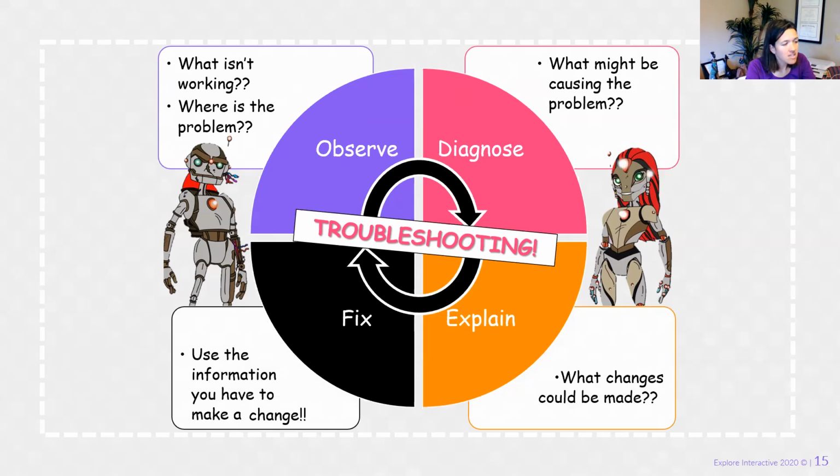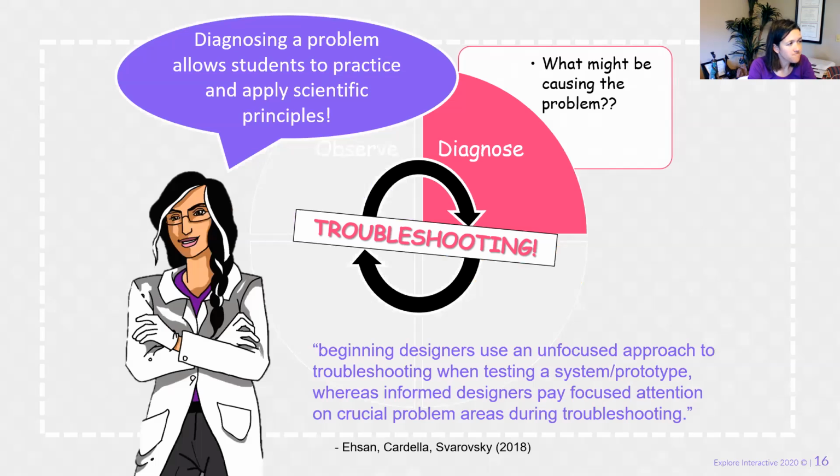It fits actually within the engineering design process as well, if you're familiar with that, kind of within the test phase. So the test phase is kind of where all of these happen within the engineering design process. So this diagnosing or troubleshooting a problem allows students to really practice and apply their scientific principles.